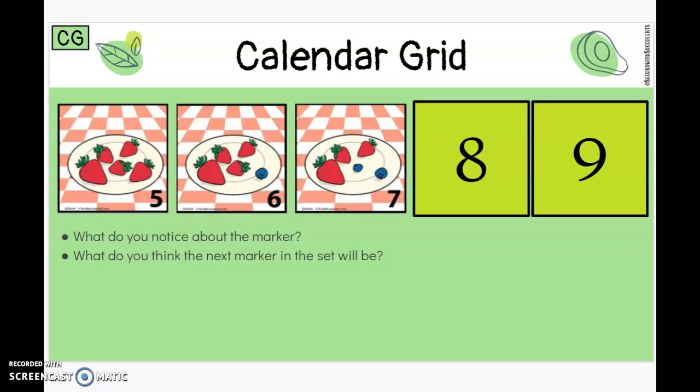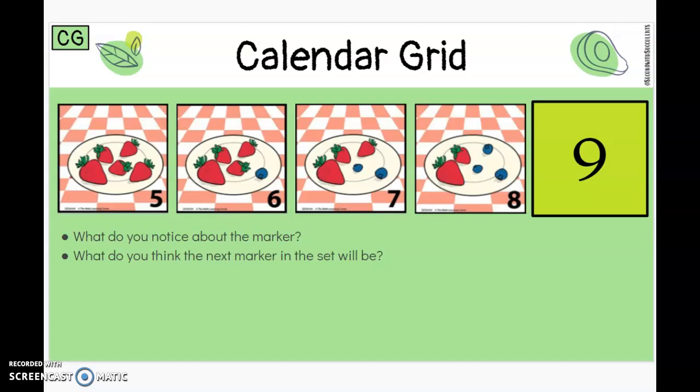With what we've noticed so far, can you make a prediction of what the next marker will look like? Thumbs up or thumbs down. Is this what you were thinking the marker would look like? What do you notice about this one?